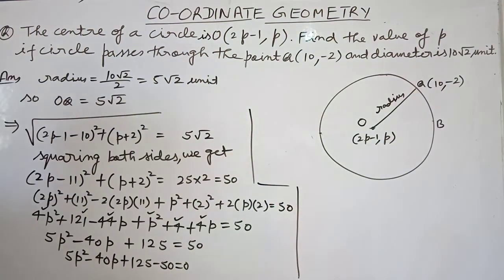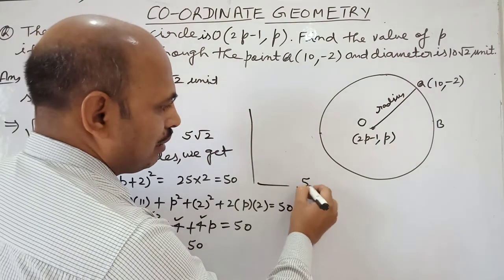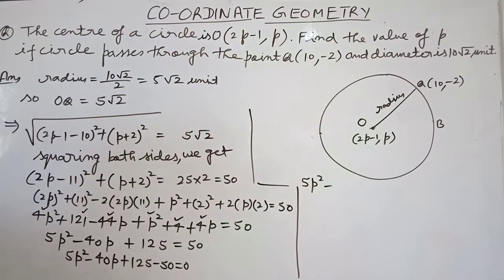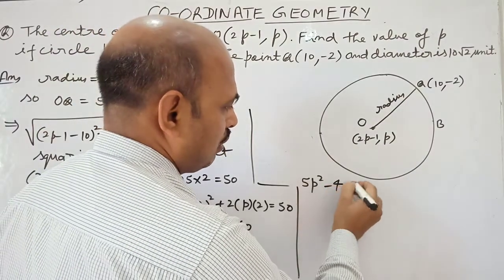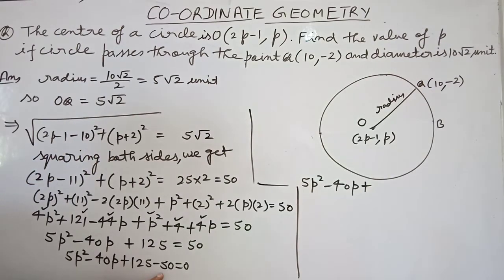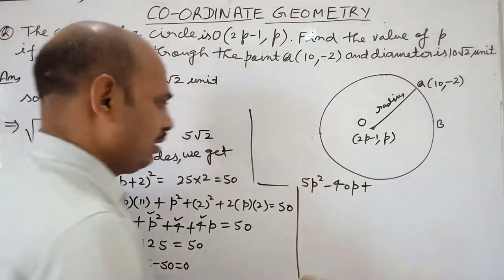We have 125 minus 50, that is 75. So now we have 5p square minus 40p plus 75 equal to 0.